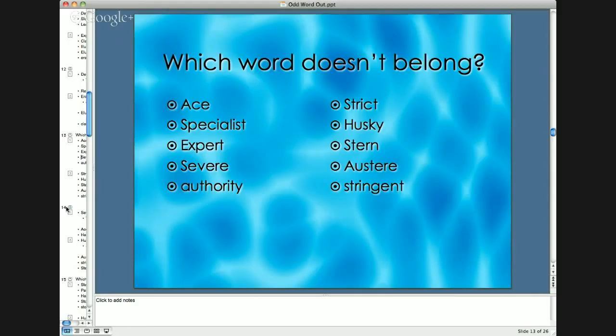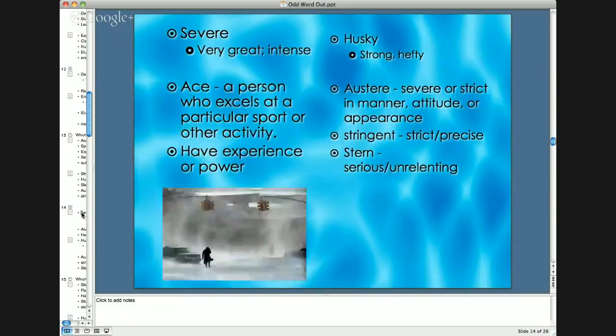What's the answer? The answer is husky. This means strong or hefty. The rest have to do with being serious or strict about something. For example, austere means severe or strict in manner, attitude, or appearance. Stringent means strict or precise. And stern means serious or unrelenting.